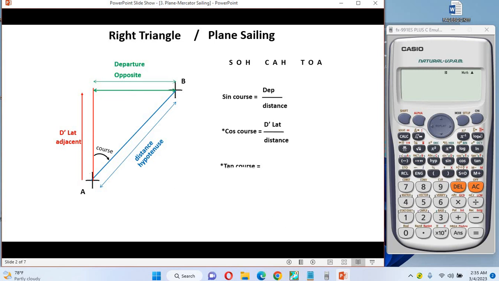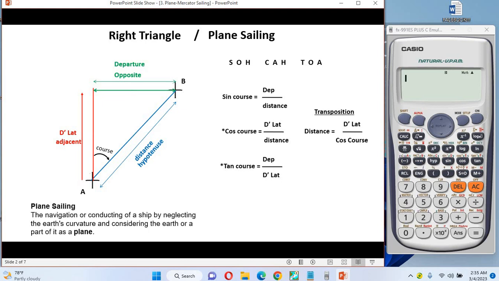And tangent is opposite over adjacent, which is departure over dlat. To make it easier, we will transpose the distance: distance is equal to dlat over cosine course. Okay, so that's the formula for plane sailing.